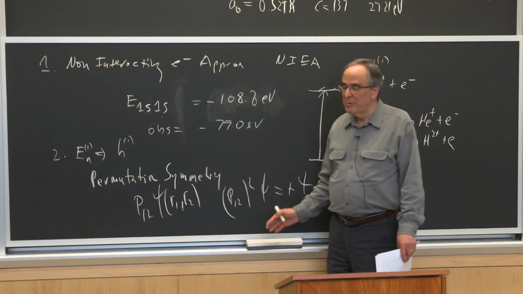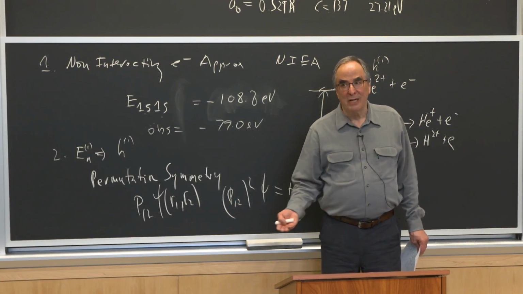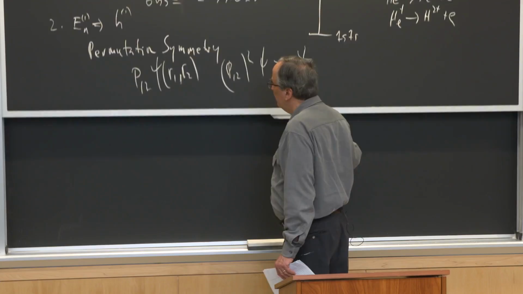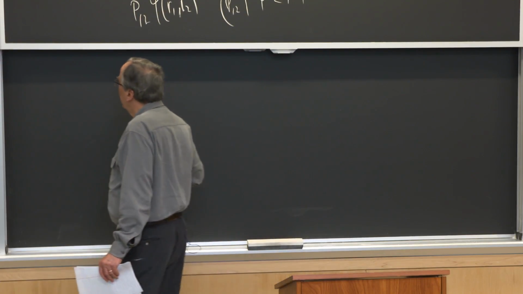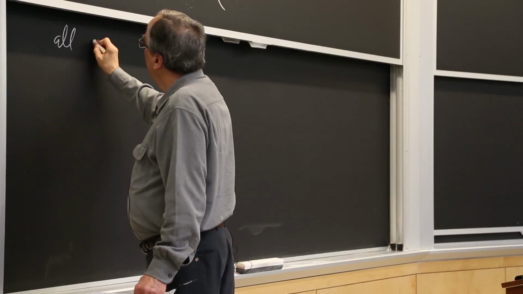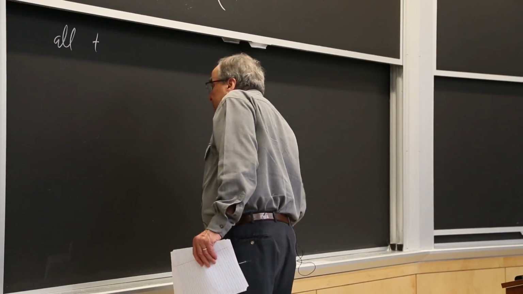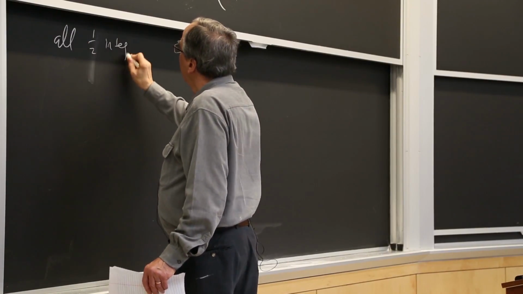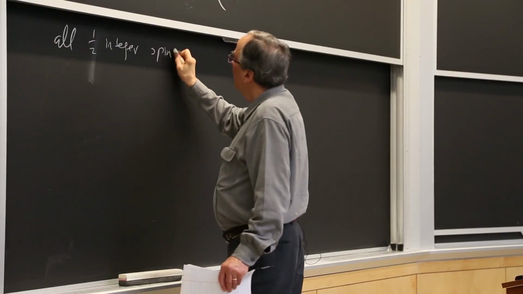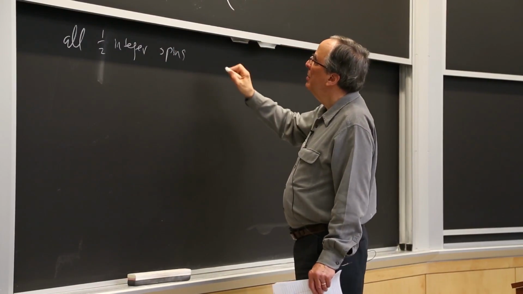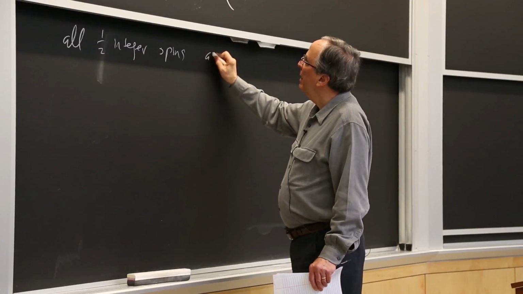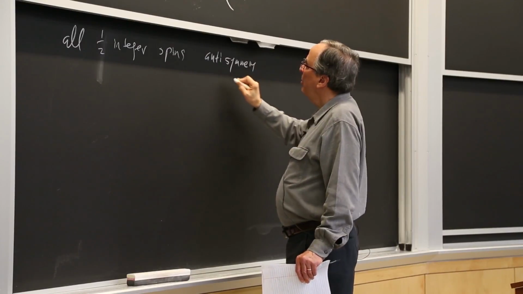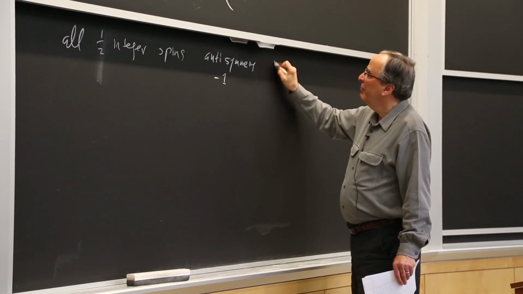And this is a fundamental symmetry, and I can't possibly tell you where it comes from or where what I'm about to write on the board comes from. But all half integer spins correspond to anti-symmetry, or belong to the eigenvalue -1, and they're called fermions.